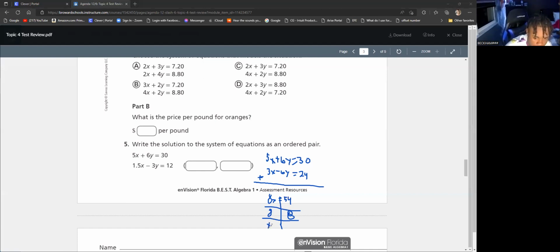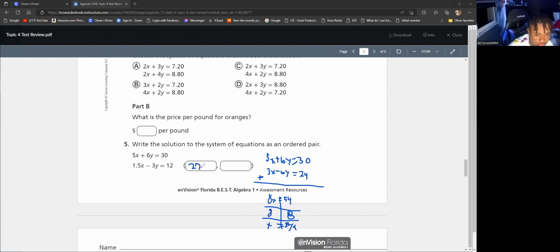X equals what? Twenty-seven over 4. Right. Okay, see the first box right there? Put 27 over 4 in that first box. Yep.